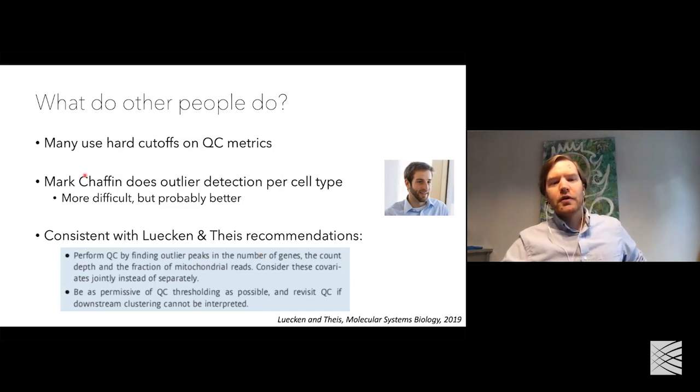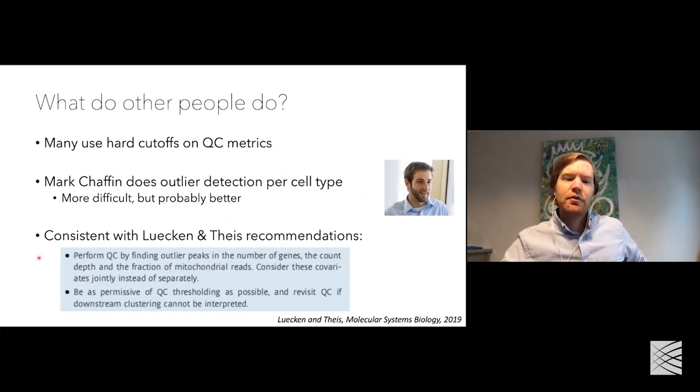Mark from the Precision Cardiology Lab, who's very experienced in this kind of thing, does the kind of outlier detection procedure I mentioned, but per cell type. It's a little bit more difficult, but probably a little bit better because these QC metrics can vary from cell type to cell type. Just food for thought, it's not an easy answer.